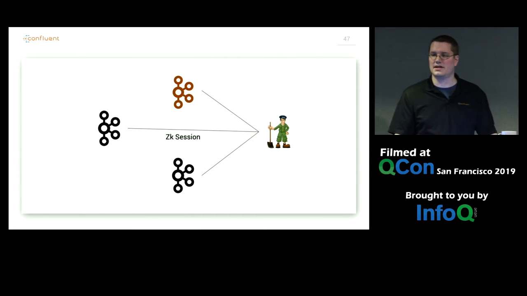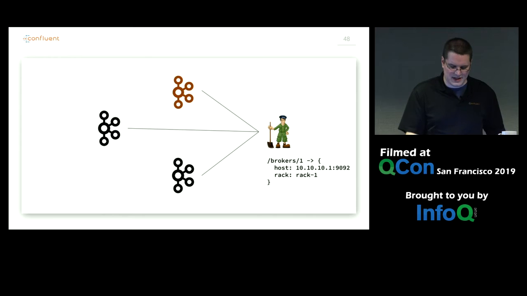And the way that it's done is by maintaining this Zookeeper session. So the Zookeeper session is basically opened when the broker starts talking to the Zookeeper cluster. And the broker will create this node that talks about where it is, how you contact it, and so on. That node will contain information like the IP addresses you can use, the rack, and so on.